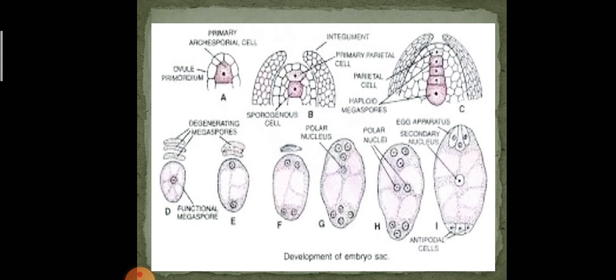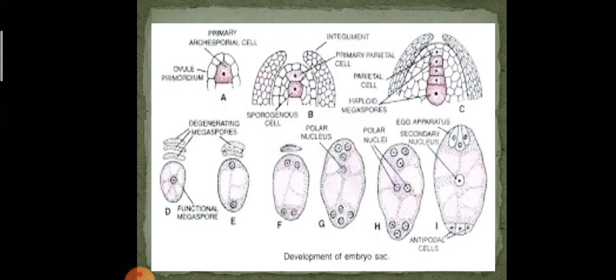From these linear tetrad megaspores, only one is functional and the other 3 are degenerating megaspores. It means they are destroyed. Only one is functional. That functional megaspore is always near the chalazal end, and near the micropylar end all 3 are degenerating.